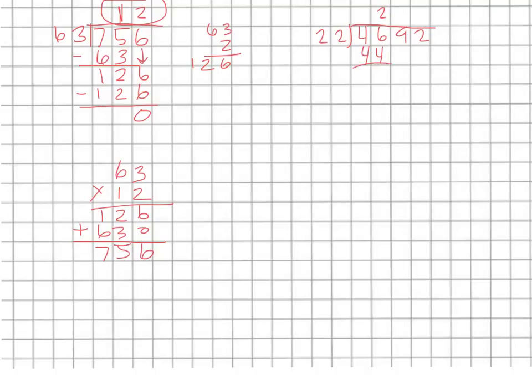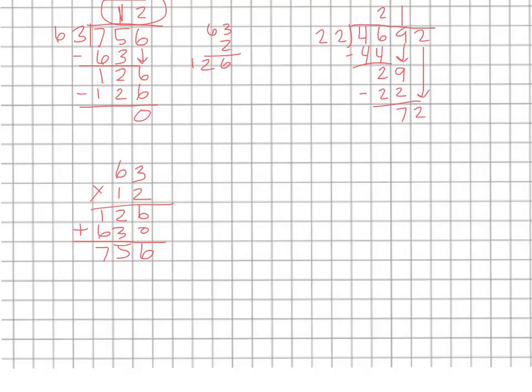That's one probably you can do in your head. Subtract, I get 2 left over, and then bring down my 9. 22 will divide nicely into 29 one time. So 1 times 22 is 22. I have 7 left, and then bring down the 2.